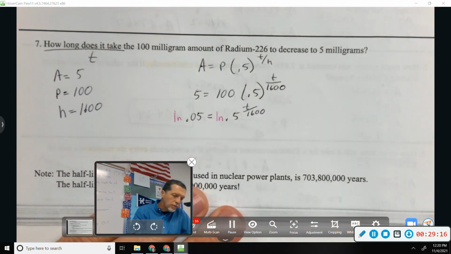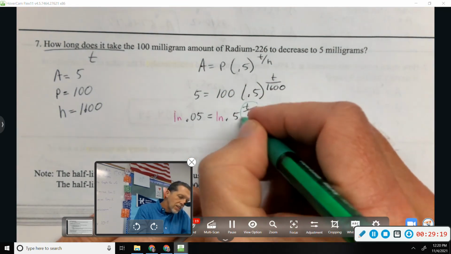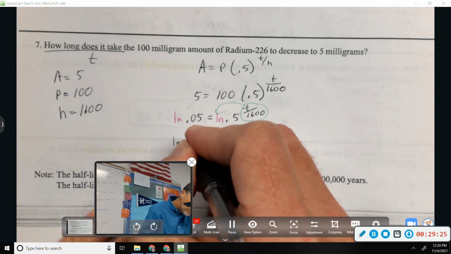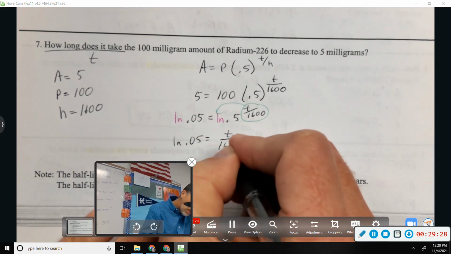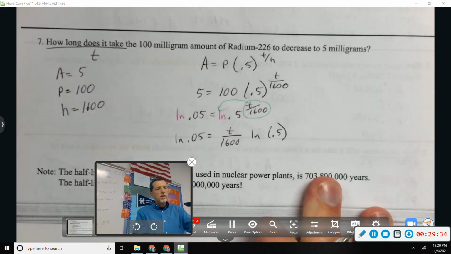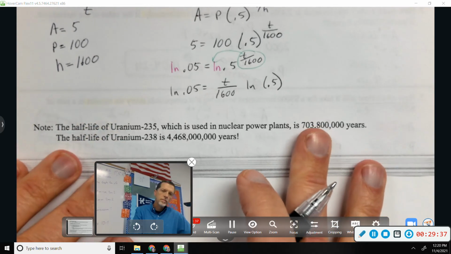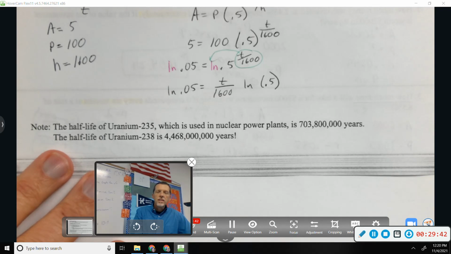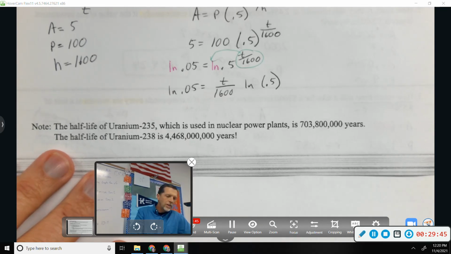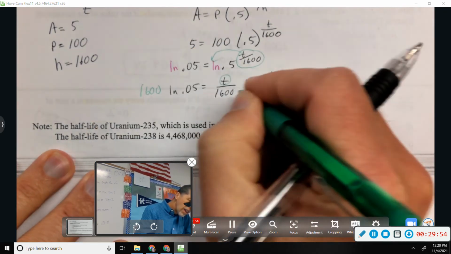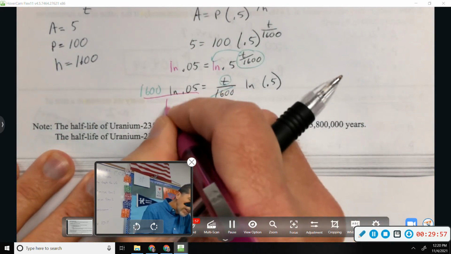Anytime a variable's in the exponent, we're going to end up logging both sides to fix that exponent. What do I do now to get t by itself? Multiply by 1,600 and then divide by natural log of 0.5.